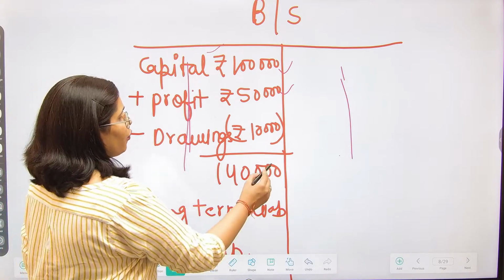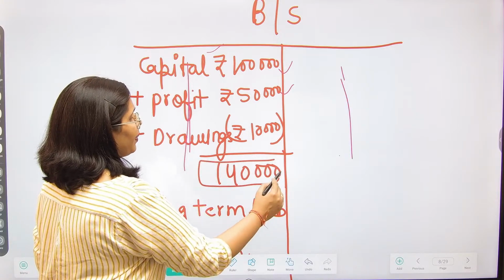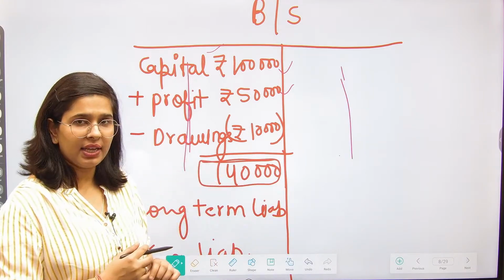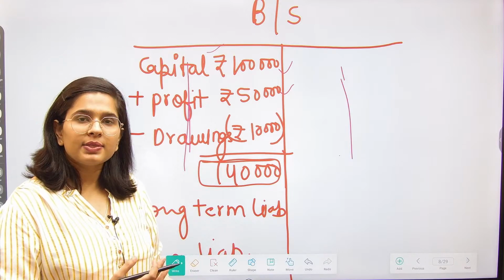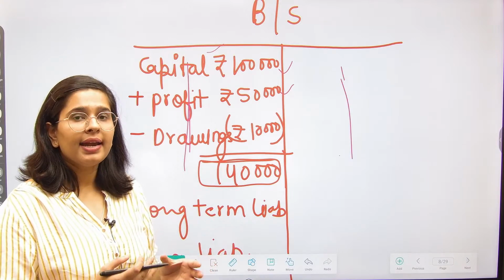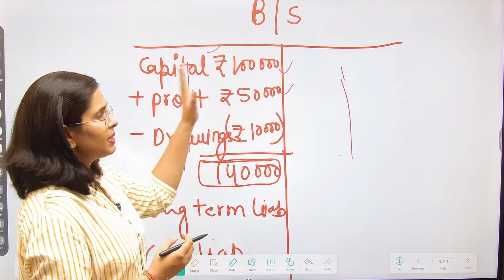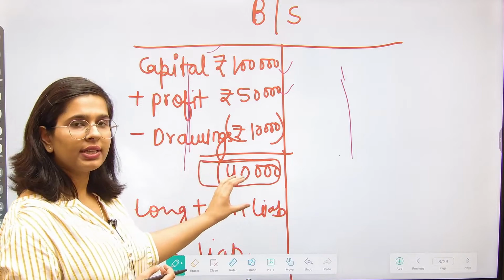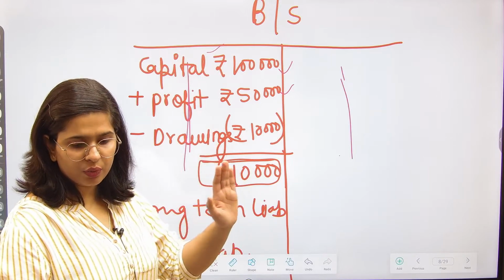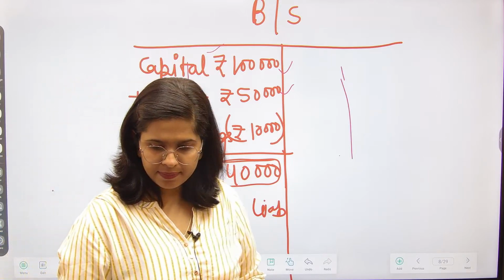And finally, we have a final capital figure of 1,40,000, and this capital figure belongs to whom? This belongs to the owner, right? So if one day this business gets shut down, then the whole 140,000 rupees will be returned to the owner. ठीक है?